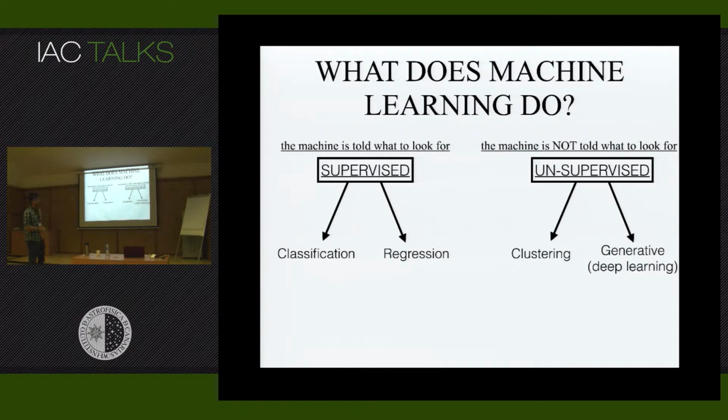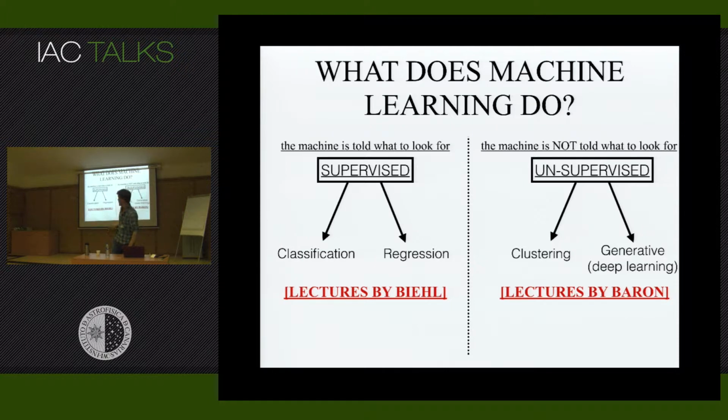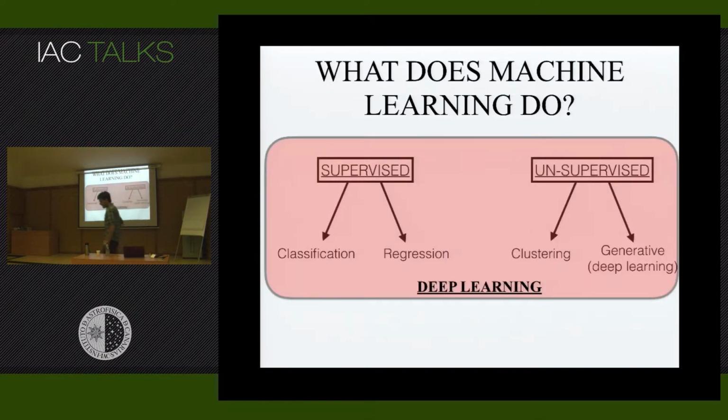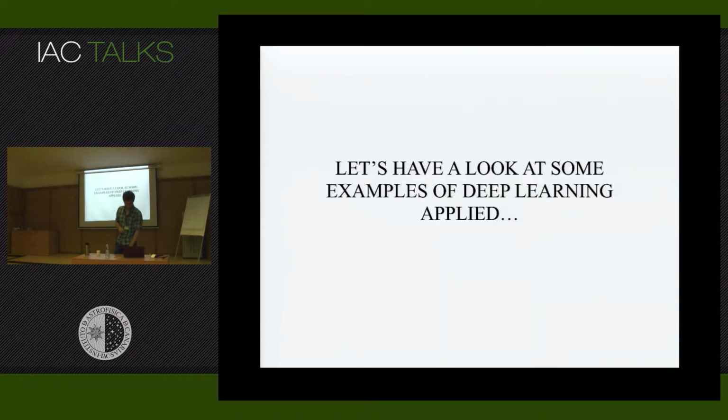As we've heard this morning, this includes clustering and also generative networks, which is exclusively deep learning. So deep learning, which you will see in this lecture, covers both of them: deep learning can do supervised or unsupervised. I will show you later on how deep learning works.